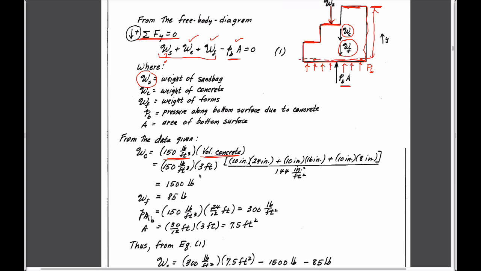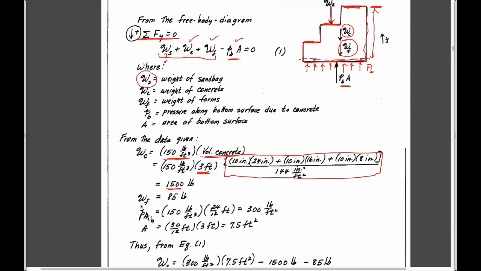And so that is 3 feet wide multiplied through by the area of the side of the step. The 144 is just 12 times 12 to make the conversion from inches to feet. So you can check that this is actually the cross-sectional area of this particular profile multiplied through by its width, and it comes out to 1,500 pounds.